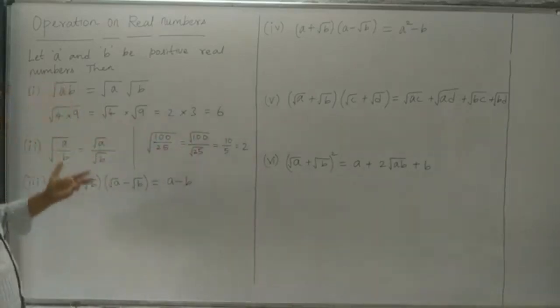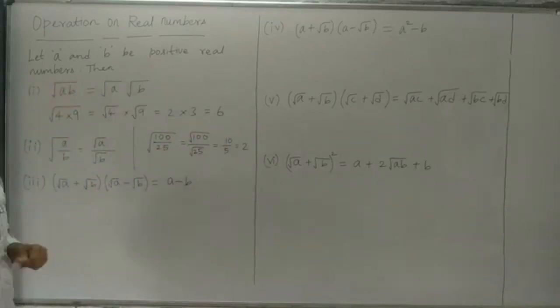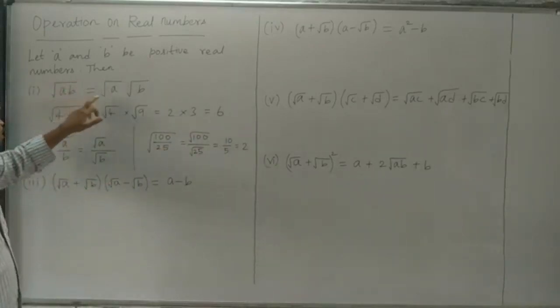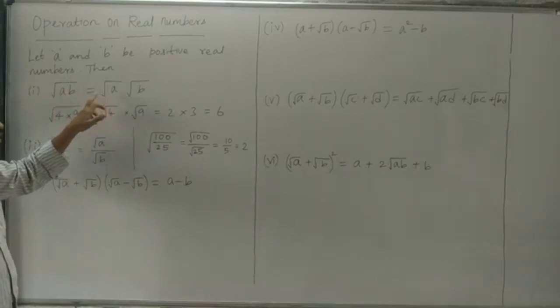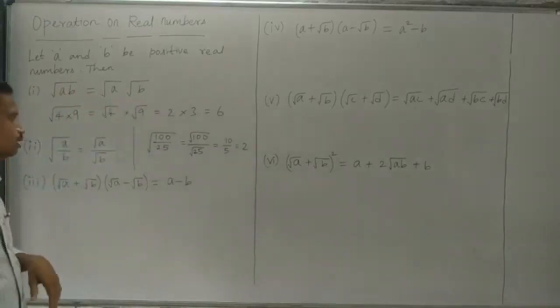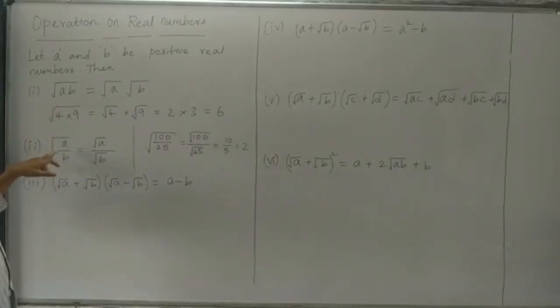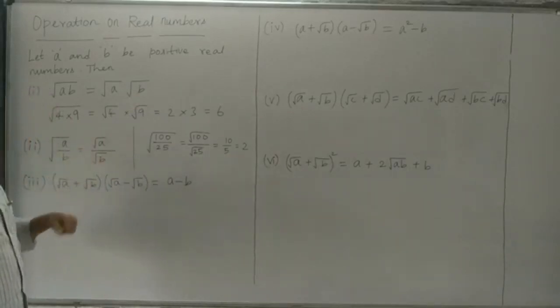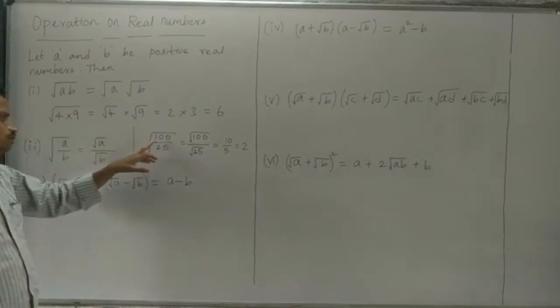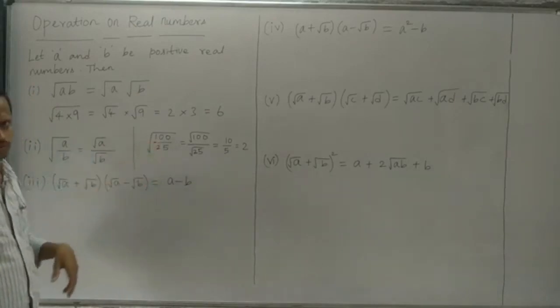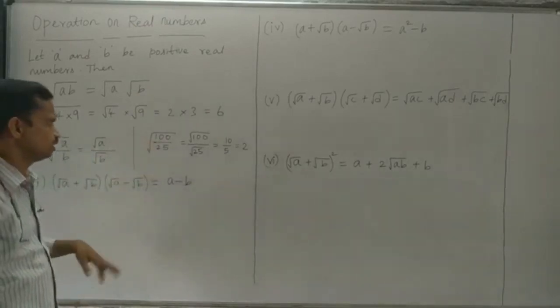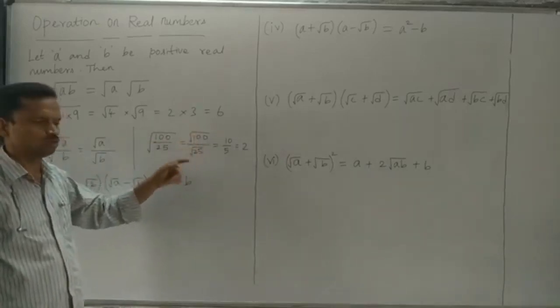We can give some examples like this to understand how the formula comes as root of A into B equal to root A into root B. In such a way, we can give more examples. Square root of A by B is equal to root A by root B. And we can give an example for A 100 and B 25. Root of 100 by 25 equals root 100 by root 25.